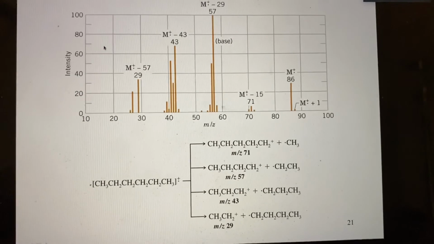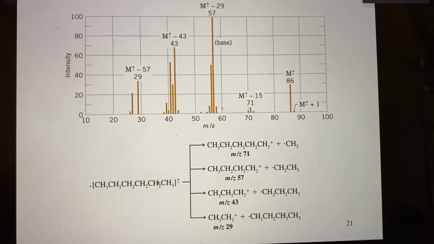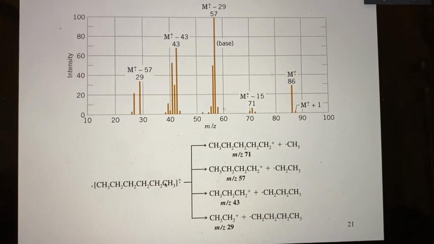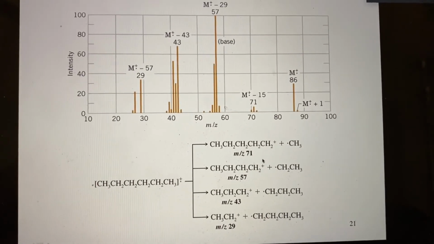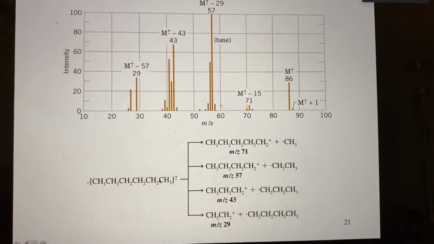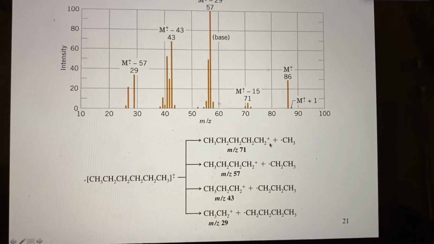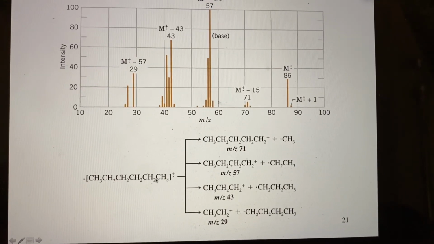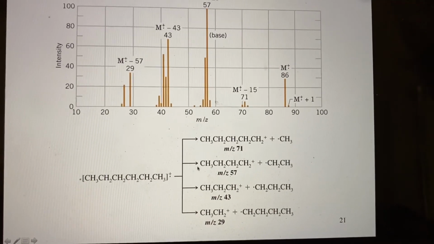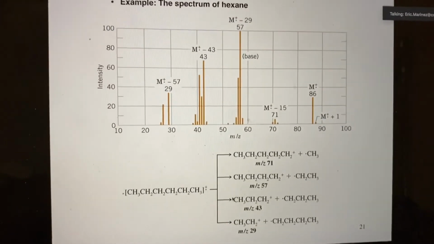In hexane, what I want you to do is convince yourself that you would fragment all of these by taking an electron from a sigma bond. If I take the electron from this sigma bond and push it in that fashion, I would get this one. But then I have a choice. Why didn't I choose this sigma bond? If I choose that sigma bond to lose the electron, I would get this fragmentation. This one here, I would get that one. And also remember the direction.